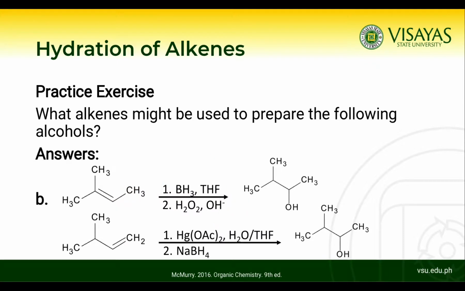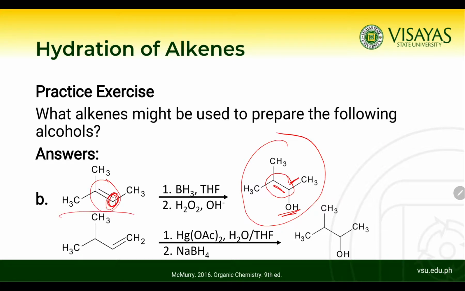In letter B, this is the product. So we can have the double bond between the two carbons here. So for example, when we have the double bonded carbon here, between the two carbon atoms there, no? So that means to say, where the OH is bonded, it is on that carbon. And that carbon there is the less substituted carbon.